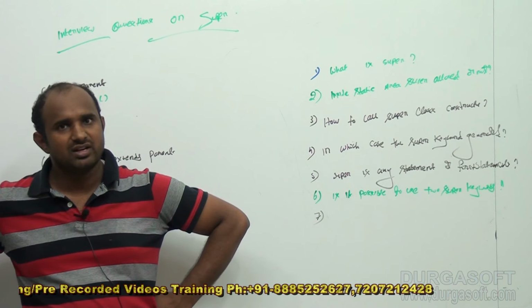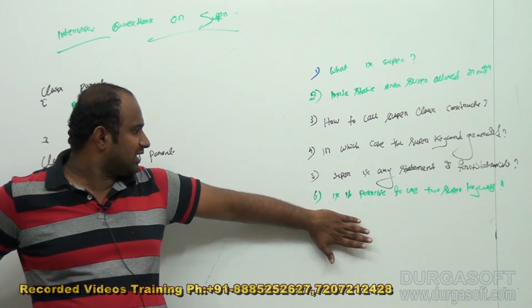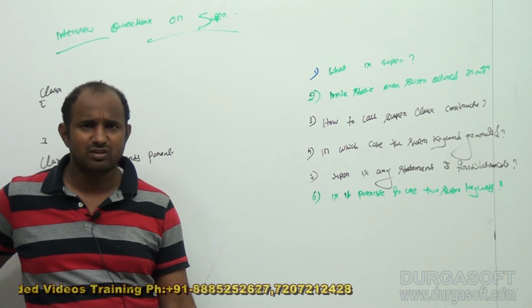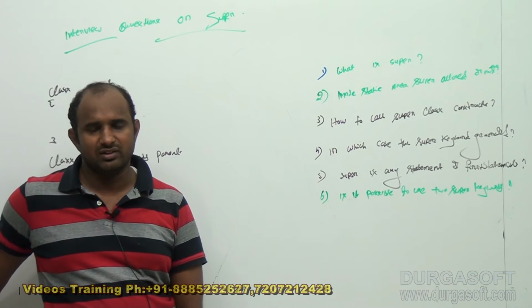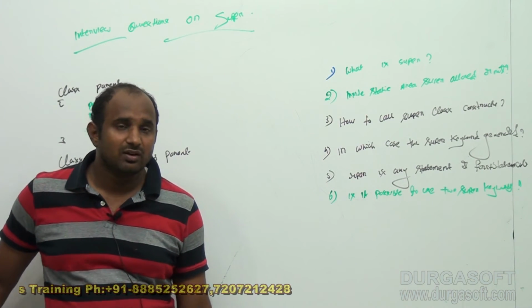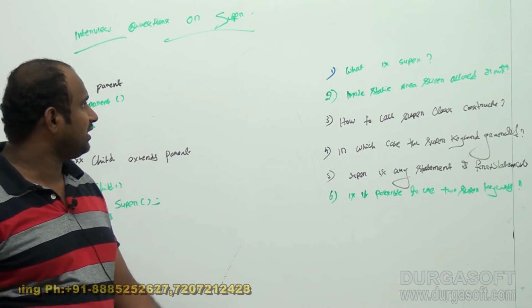And in the parent and child relationship, first the parent class static blocks, then the child class static blocks are executed.